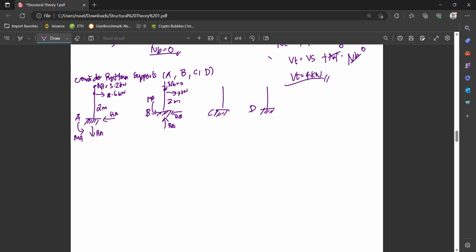So, same with this, your C, your NC dito ay 0, 7 kilonewton, 2 meters, HC, RC, reaction C, and your moment C. Same with your D, your ND is 5.2 kilonewton.